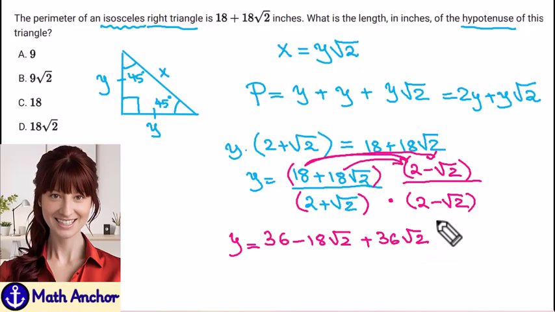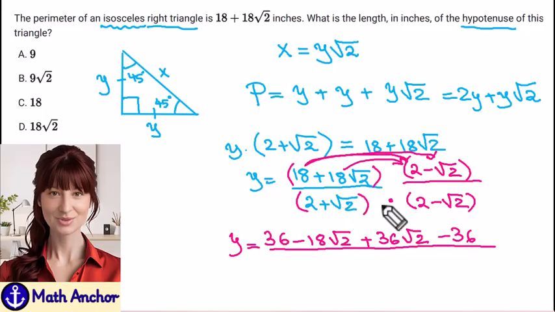And then finally, 18 square root 2 times negative square root 2 will give us negative 36. Over 2 plus square root 2 times 2 minus square root 2 will be 2 squared, which is 4, minus square root 2 squared, which is simply 2.